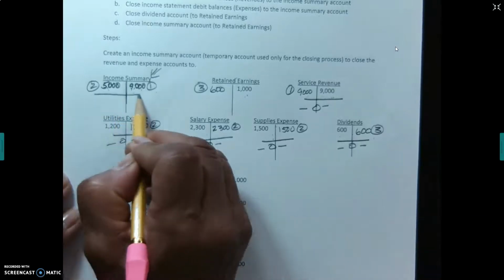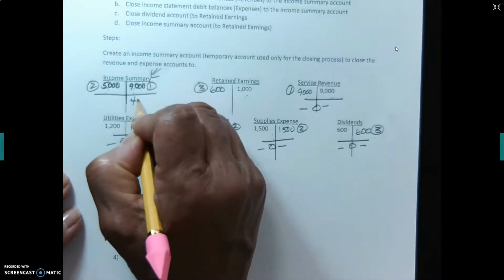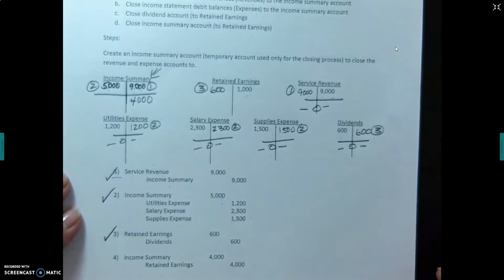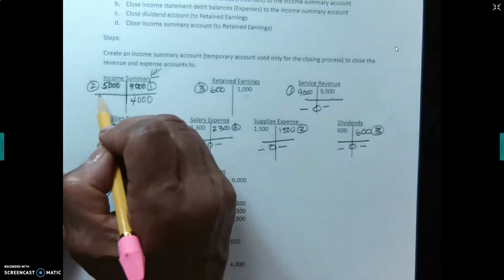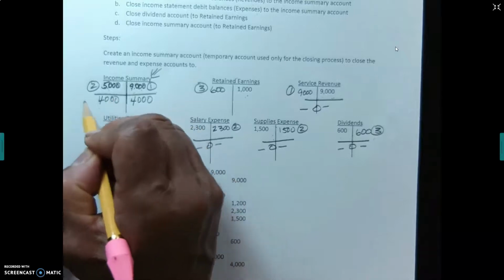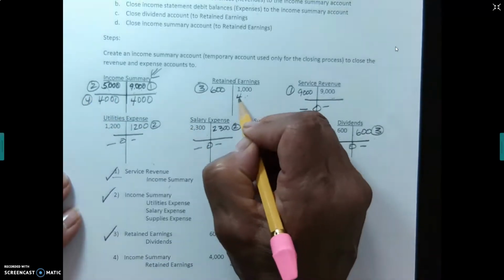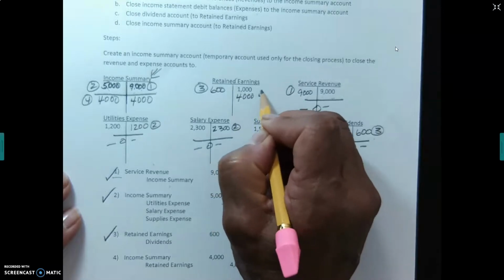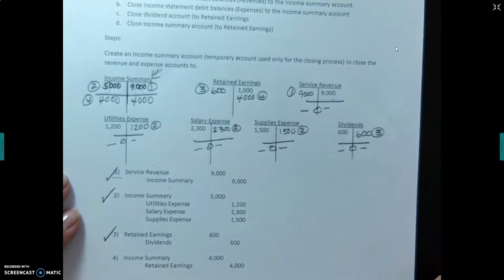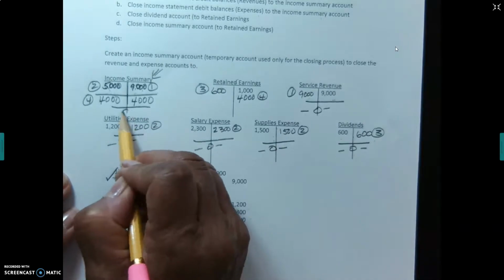So our net income is $4,000, which is the balance of our income summary. We want the income summary account to be 0, so we will debit the income summary and call that journal entry number 4, and we will credit retained earnings. Call it number 4. And now our income summary is 0.